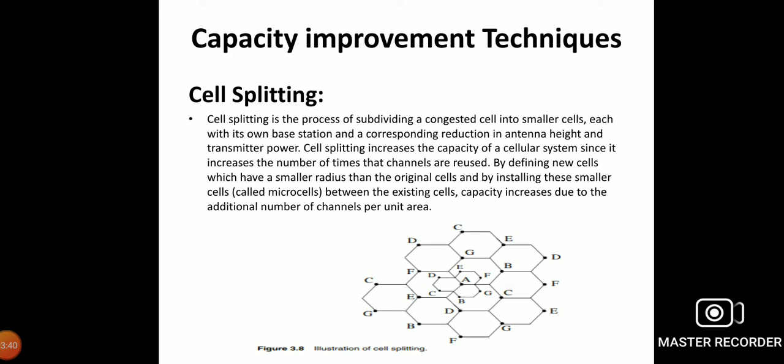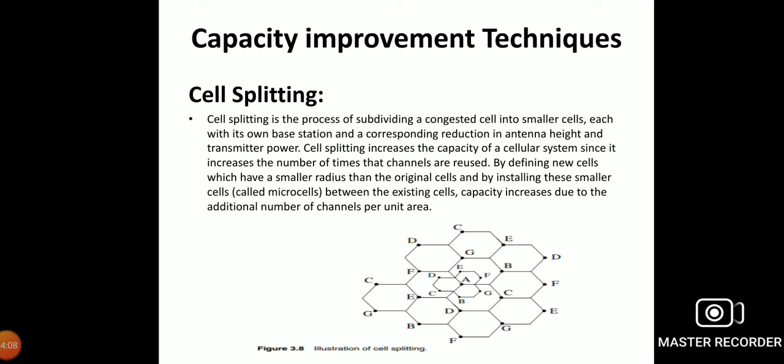That is, some part of the larger cells would be left out unserved. This is also not acceptable. Hence, the channels of the macro or large cells have to be divided into two groups. The larger cells are for high speed traffic and the smaller microcells are for low speed traffic regions.